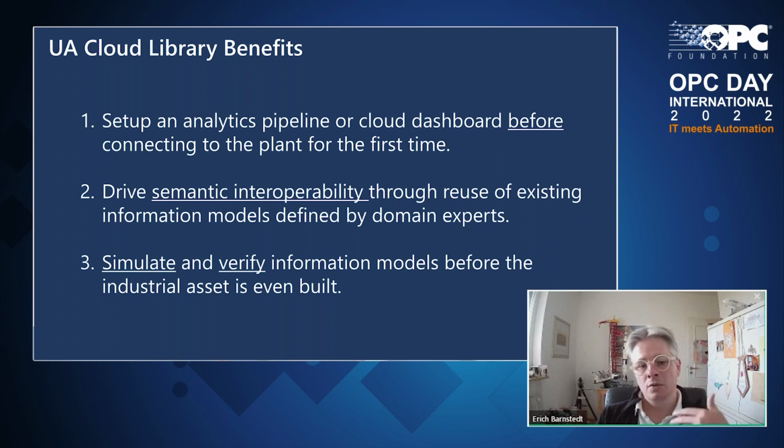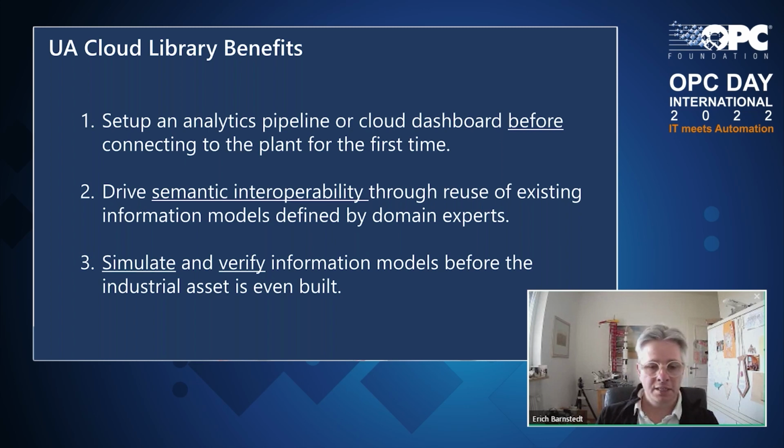So now you can upload the OPC-UA information model to the Cloud Library up front. The IT folks can build their analytics pipeline up front, and all you have to do is do the connectivity piece when you get around to it, right?